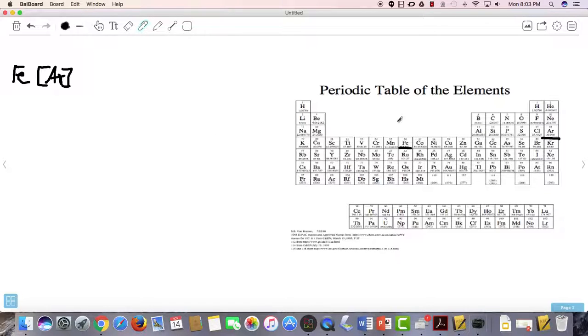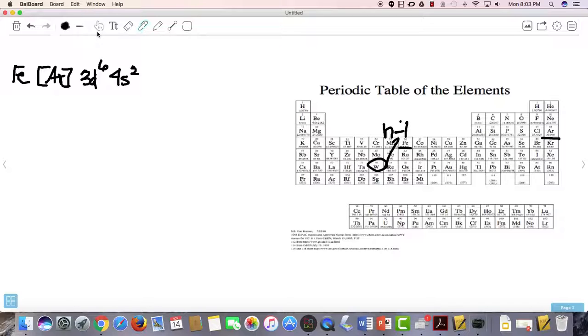Now remember, this is our d sublevel, so with the d sublevel, it's going to be n-1. So it's going to be 3d. Let's count to iron: 1, 2, 3, 4, 5, 6. 3d6, and then 4s2. That's a lot faster than having to write out the whole thing for iron.